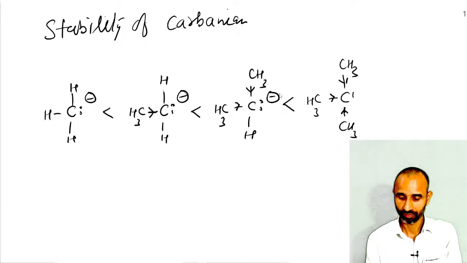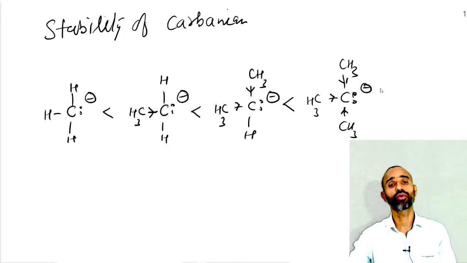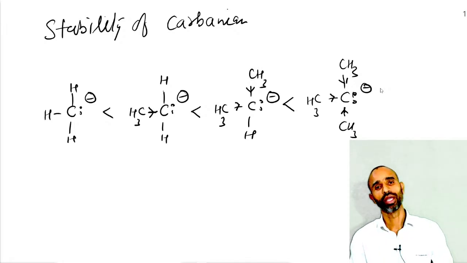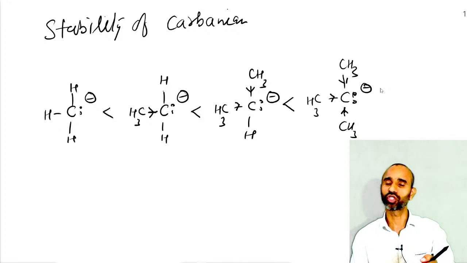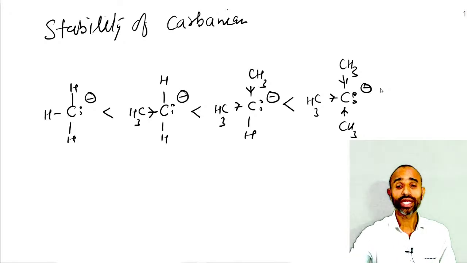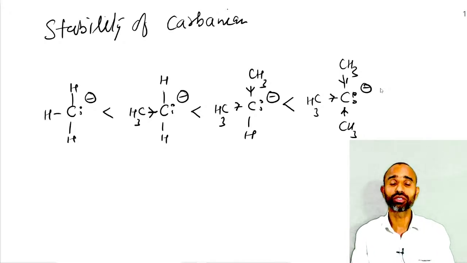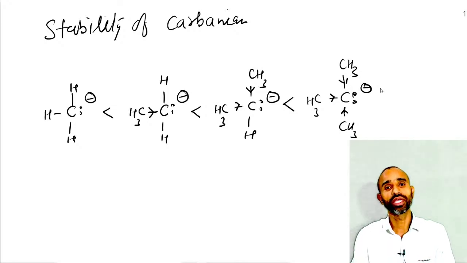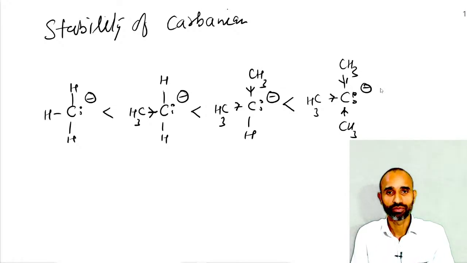So again they are unstable because of, means any charged particle, any charged group, any charged ion is unstable because of its charge. So any group which decreases its charge will stabilize it, and any group that will increase its charge will destabilize it.